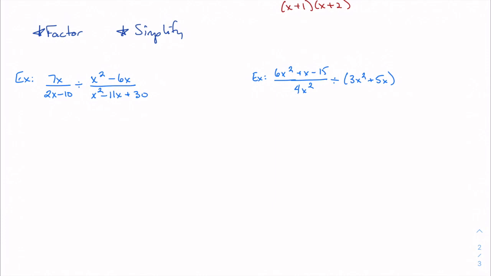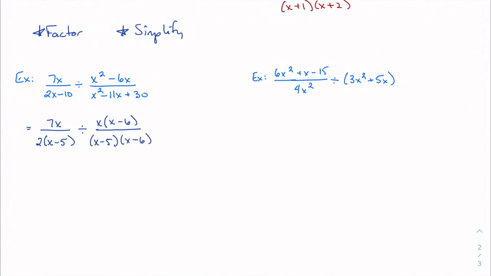So let's factor first. There's a common factor of 2 in my first denominator. There's a common factor of x in my second numerator, and I'm looking for factors of 30 that add up to negative 11. It's going to be minus 5 and minus 6.